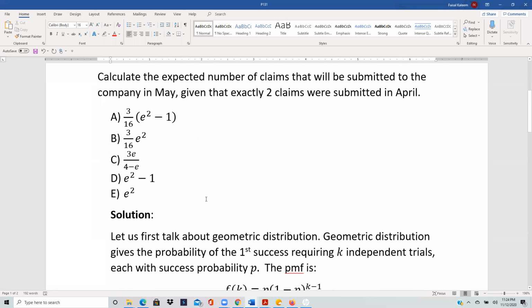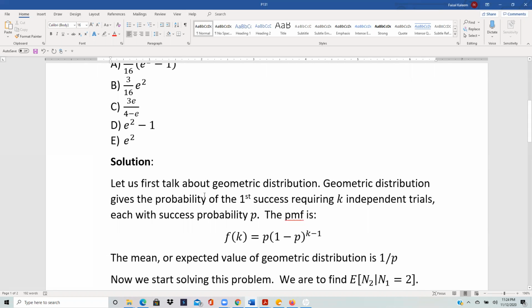So the geometric distribution is basically a distribution which gives the probability of the first success requiring k independent trials, with each success probability being p. The PMF of the geometric distribution is f of k equals p times (1 minus p) to the k minus 1.